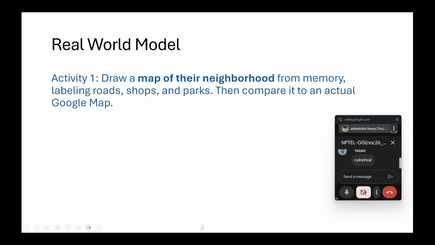So the map that you are making from your memory is kind of a layer, where you are assigning vector lines to the roads, and polygons to the park, shops and house.